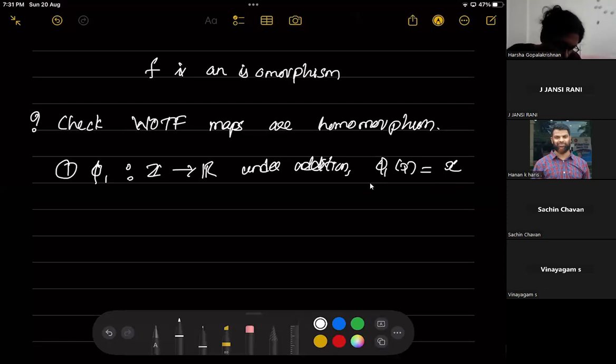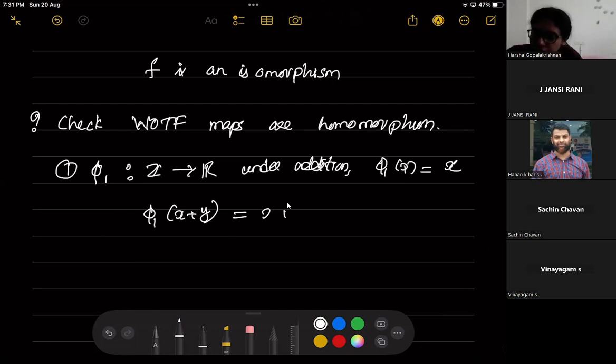Let us check then. Phi 1 of x plus y should be equal to phi 1 of x plus phi 1 of y. That is the only condition we need to check. Here on both sides the operation is plus. By the definition, phi 1 of x equals x, so phi 1 of x plus y will be equal to x plus y.